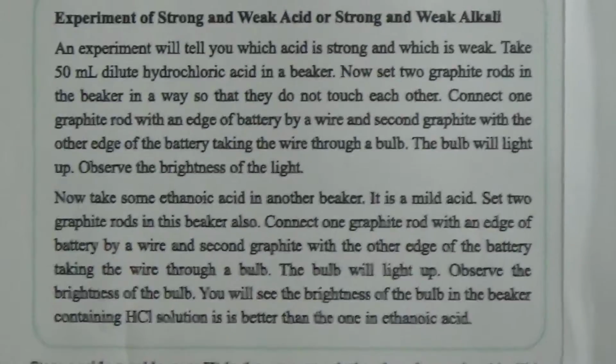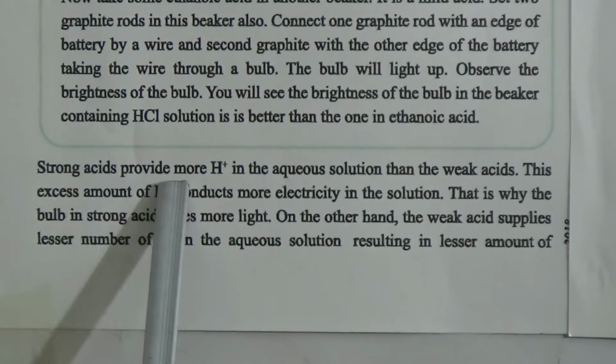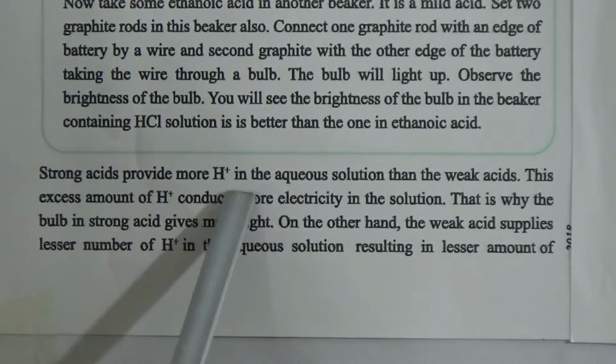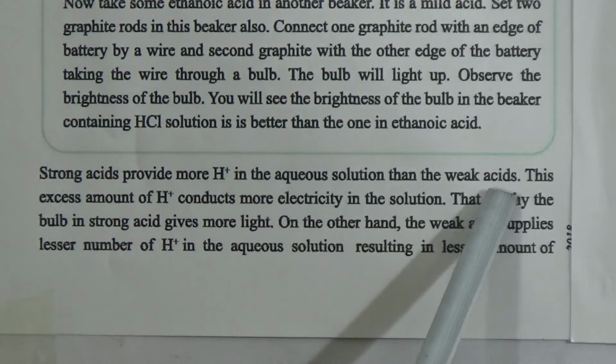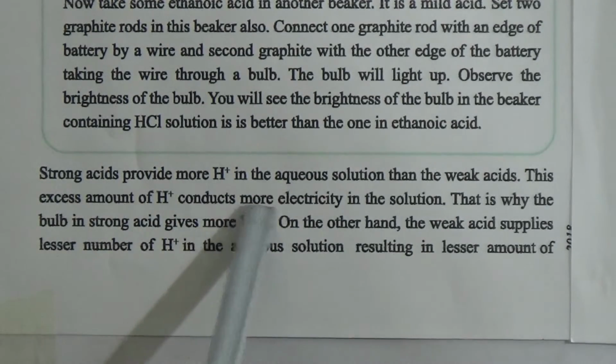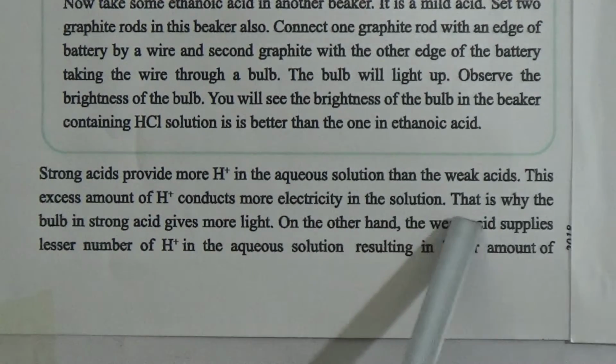Now come to the next one, that is, strong acid provides more hydrogen ions or protons in the aqueous solution than the weak acid. This excess amount of hydrogen ions conducts more electricity in the solution.